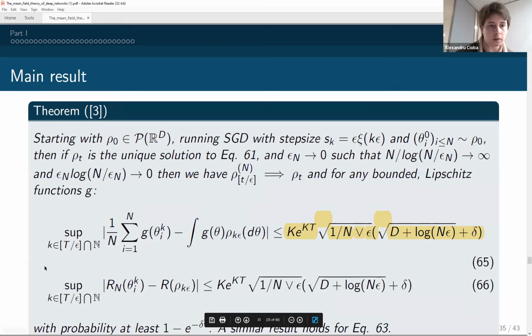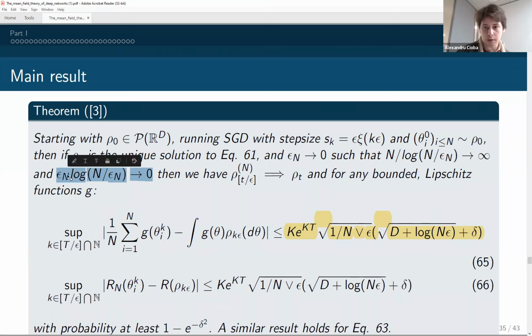Here, if epsilon doesn't tend to 0, so it's bounded below, then this will also not tend to 0. So epsilon has to tend to 0 from this condition anyway. Yeah, that's fine. Please continue.